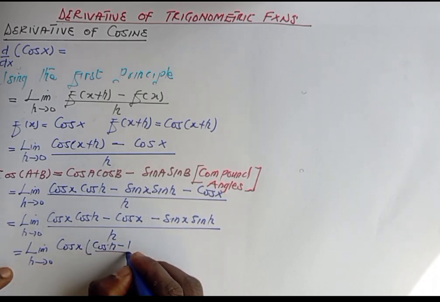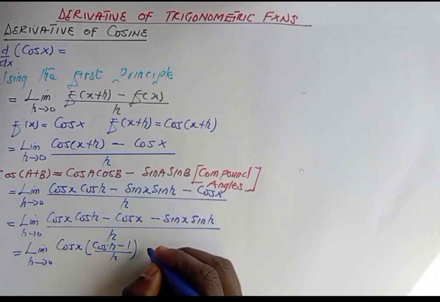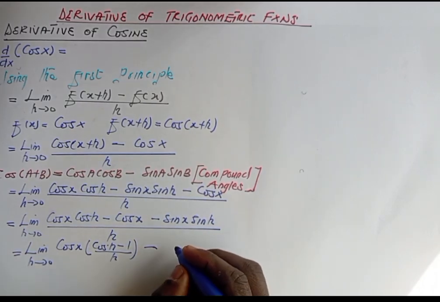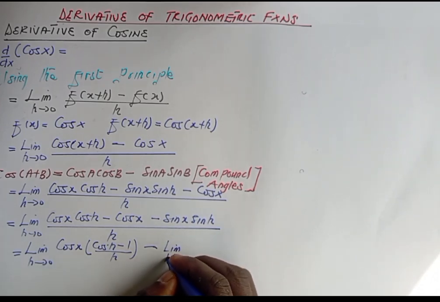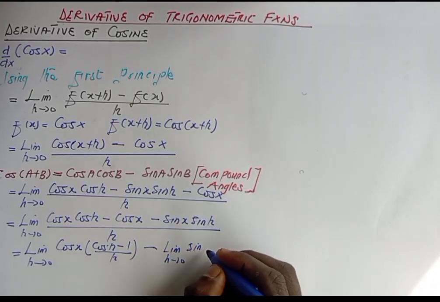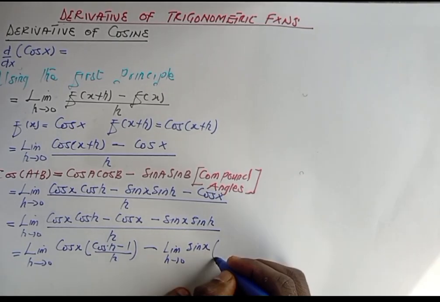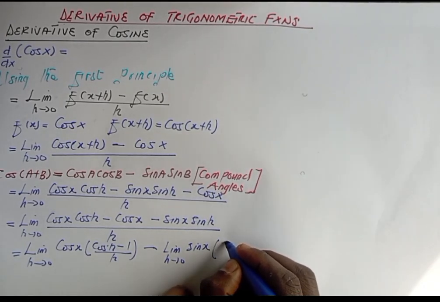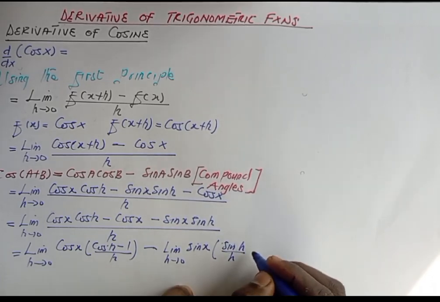Let's give the h to these very parts, and then we have minus, okay, let's take the limit so that it will be faster. The limit as h approaches 0 of sin x, and then we have bracket sin h. Let's give the h to this very part.